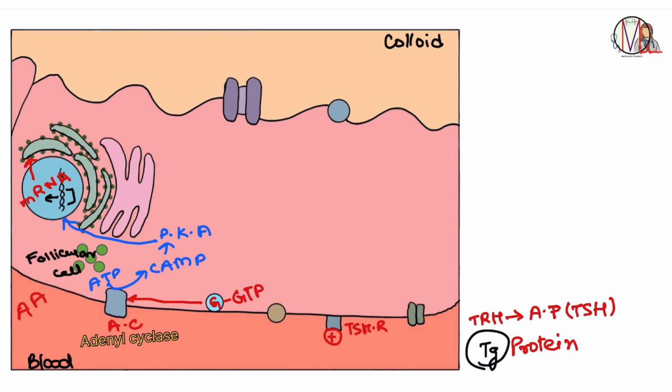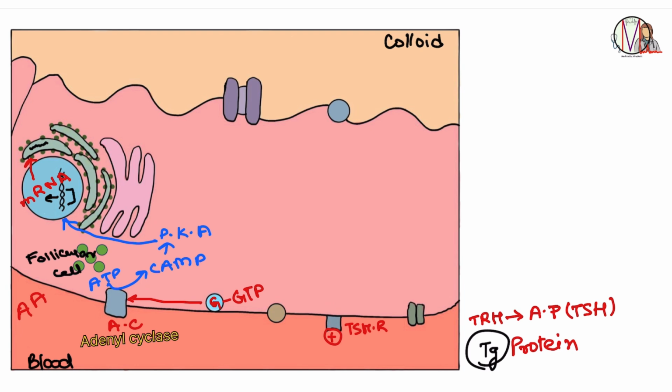the rough endoplasmic reticulum. Why? Because rough endoplasmic reticulum is the place where translation takes place and protein, that is our thyroglobulin, is synthesized. But this thyroglobulin needs to leave the cell and enter the colloid and wait as a precursor.